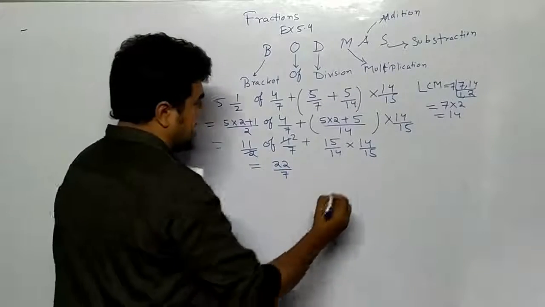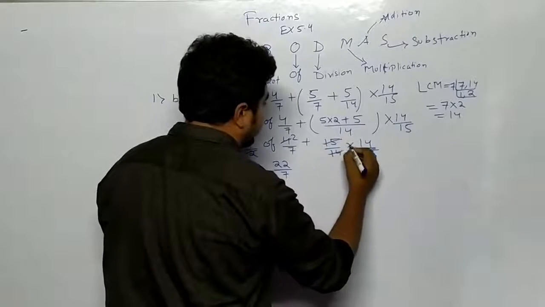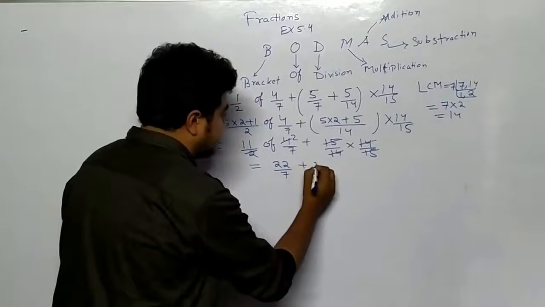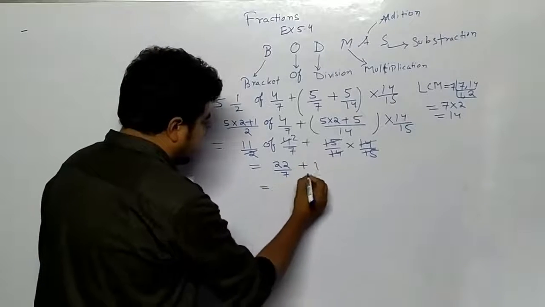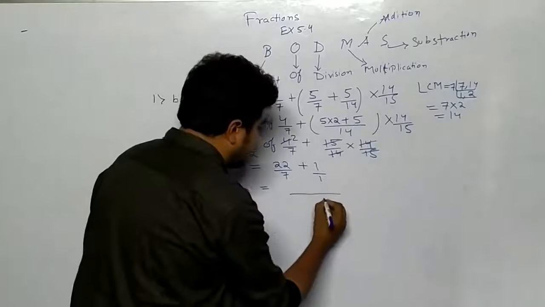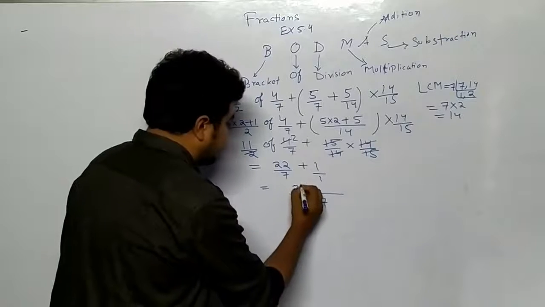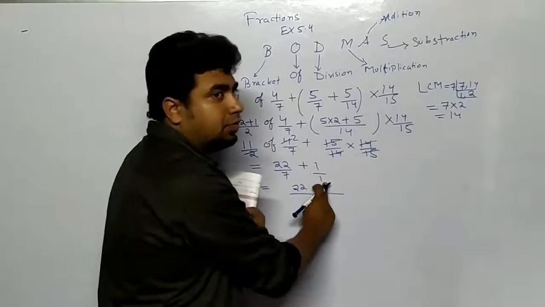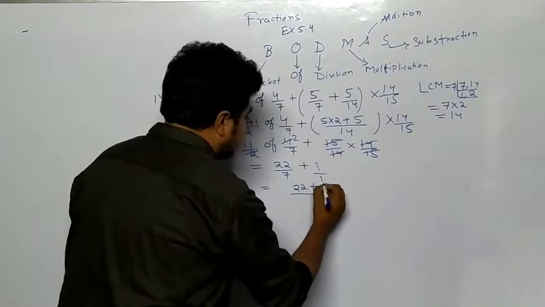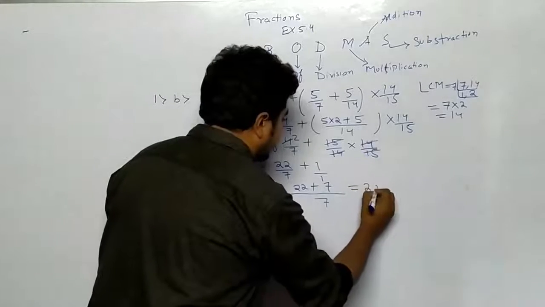Now this part you can also cancel, 15 is cancelled and 14 is cancelled. What is left here? 1. Now you can take the LCM: nothing is given, so 1 is present. You write 7, and what will be multiplied with 1 to become 7? 7, so you multiply the numerator also by 7. 22 plus 7 is 29.